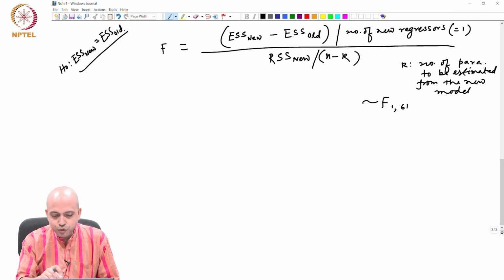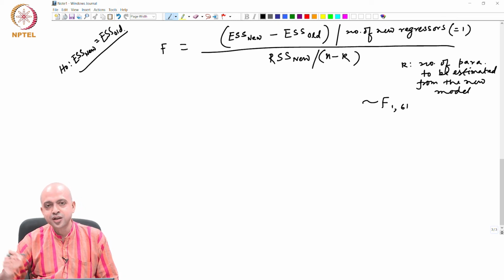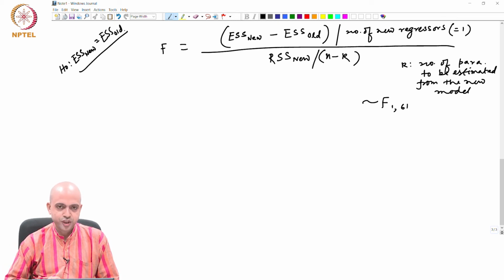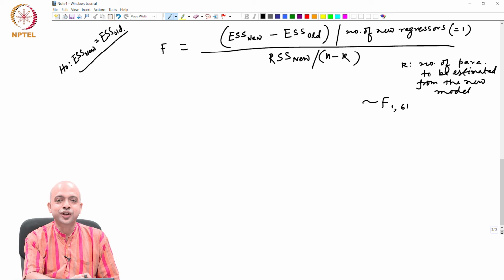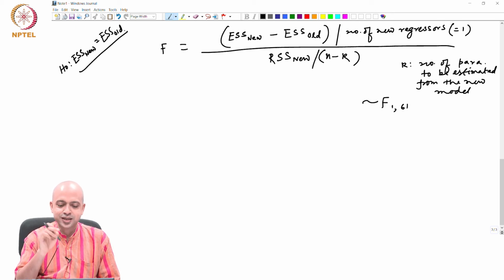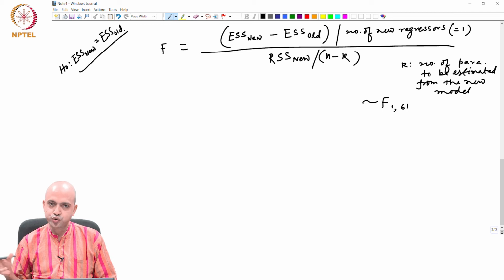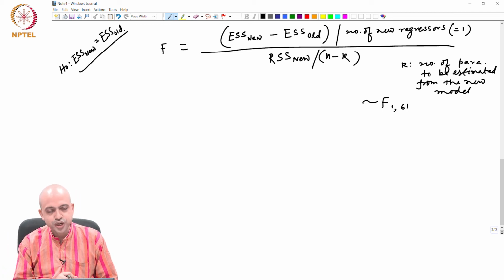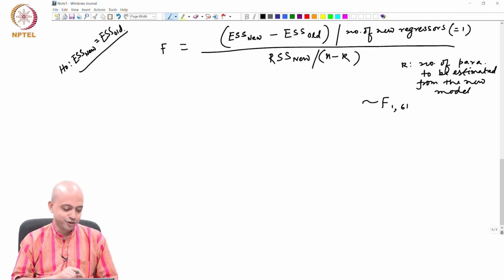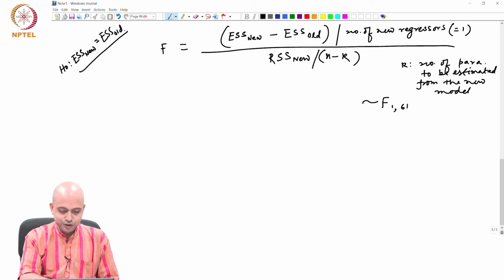And then we can reject our null hypothesis and say that yes, ESS new is significantly higher than ESS old. That means we should add PGNP also in the model. That is the logic. Okay?